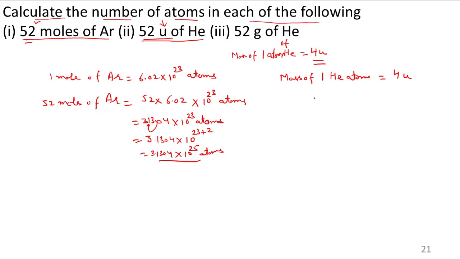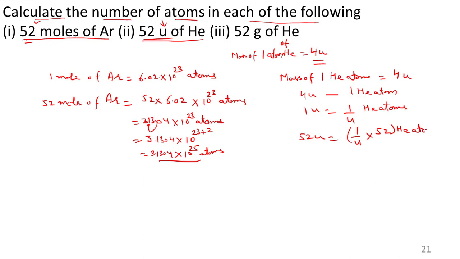So we will say 4 U contains one helium atom. 1 U contains 1 by 4 helium atoms. We have to calculate in 52 U. It contains 1 by 4 into 52 helium atoms. It gets cancelled.